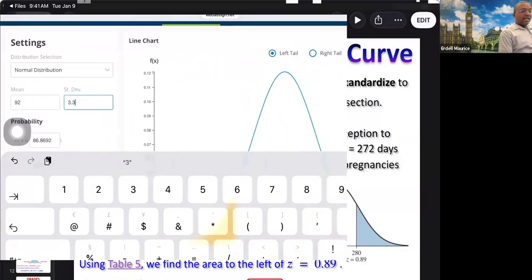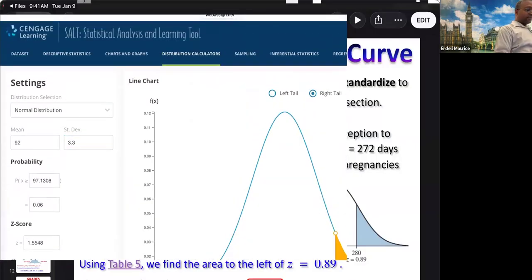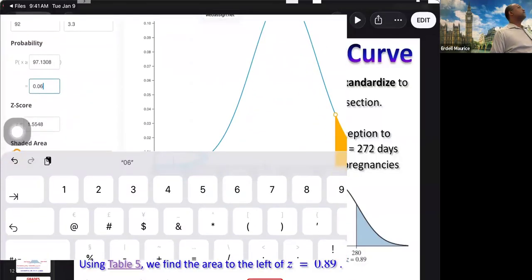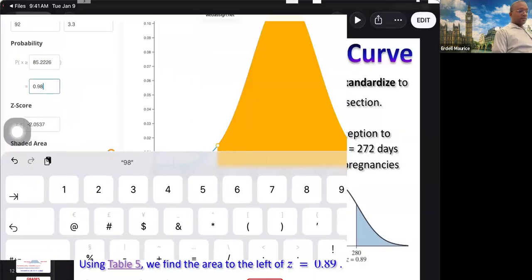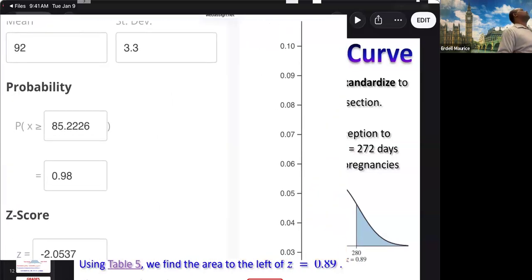Is it left tail, right tail, both tails, or between? It is a right tail. And what comes down here in the box? 98% or 0.98. And so the answer is they should insure it for 85.